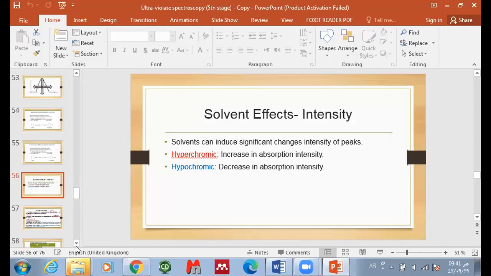We discussed this before, hypsochromic and hypochromic effect as well. So hyperchromic means an increase in the absorbance density, not a shift, but an increase in the density of the peak of the absorbance, while hypochromic means a decrease in the intensity of the peak.